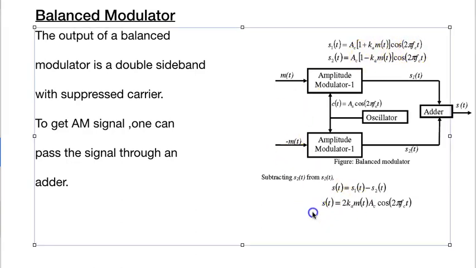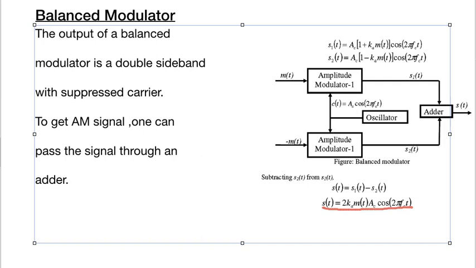Now this particular signal is for a suppressed carrier, DSB suppressed carrier. If you look, the power required to carry a carrier signal is not present in the whole expression. It has been dropped. So such kinds of signals are termed double sideband suppressed carrier.